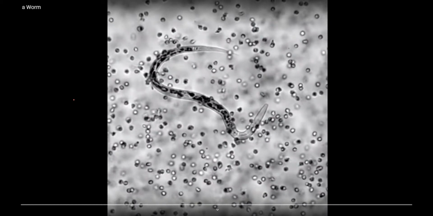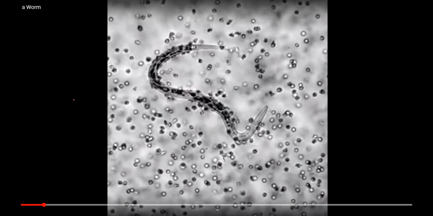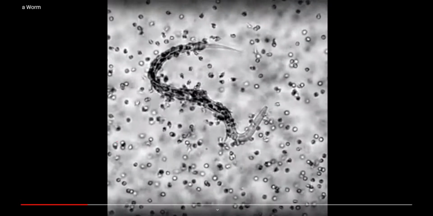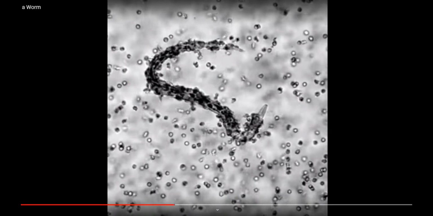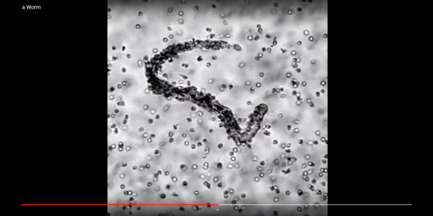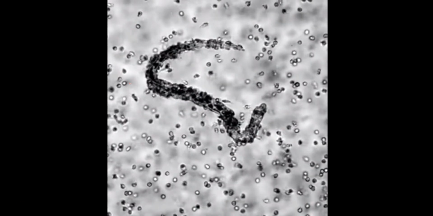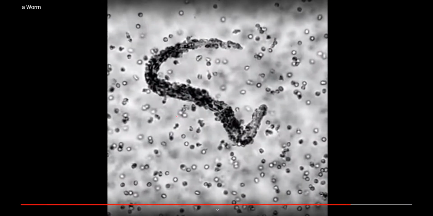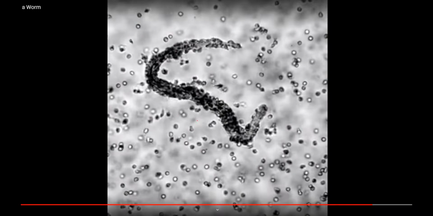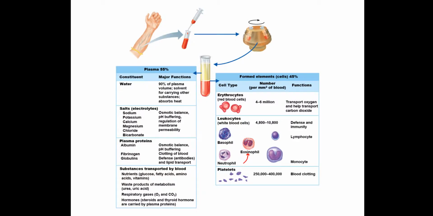So each one of these individual cells are eosinophils. You can see them collecting along the length of the worm, just attacking it. Okay, so this is one of the ways our immune system takes out the enemy. Okay, so these are eosinophils. Okay, so those are the wormy. That was the worm video you just saw.